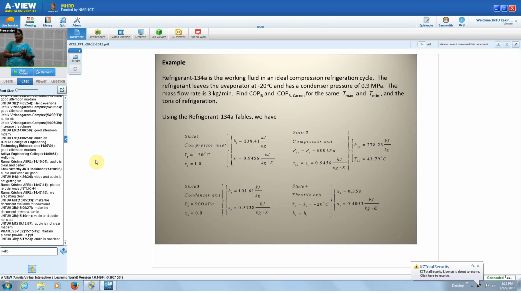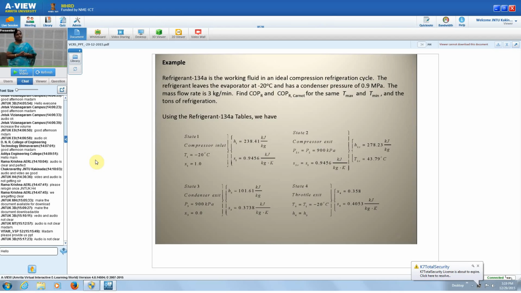With that also you can note down all the enthalpies required. If you know the enthalpy at the suction of the compressor, at the discharge of the compressor, and at the end of the condenser, then you can find out COP or the refrigerating effect or the work input, whatever is required. So first thing is you have to find out the enthalpies at all the 3 points.